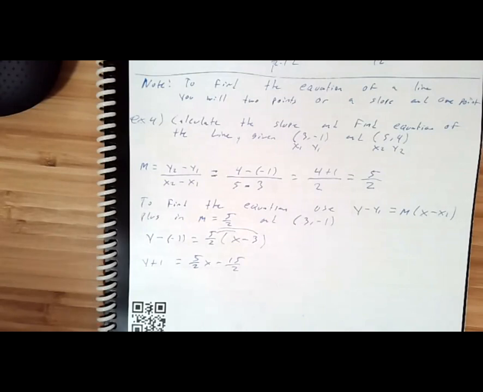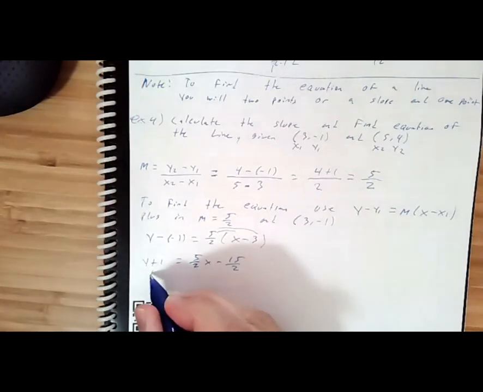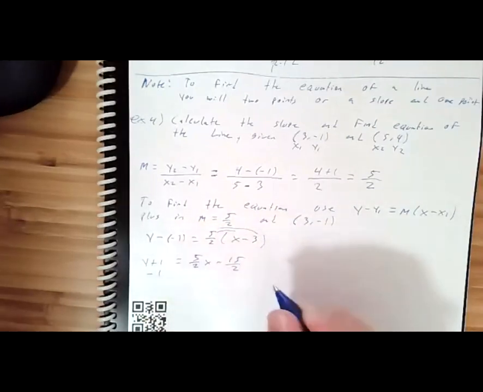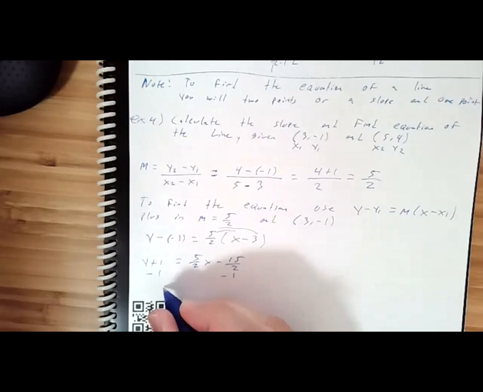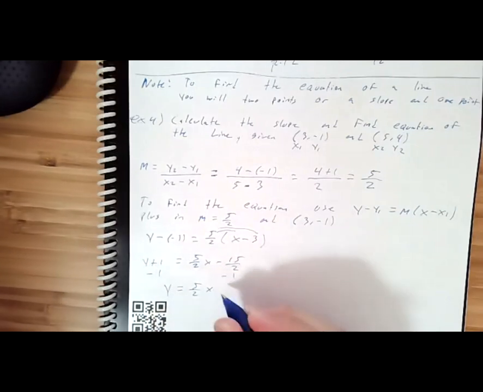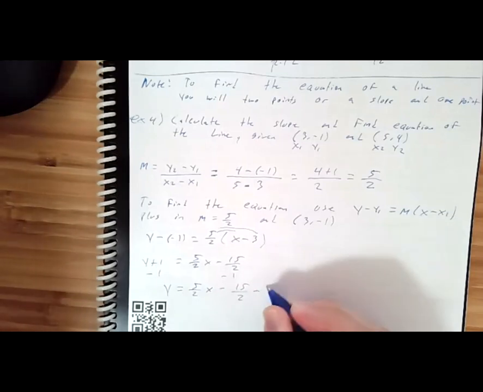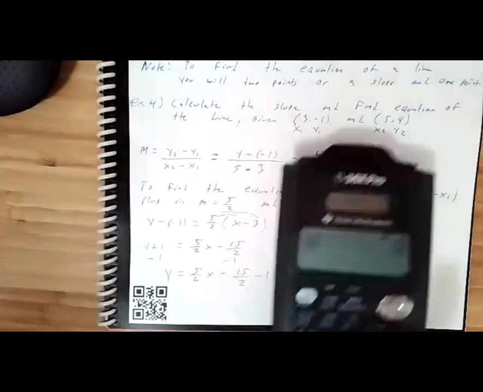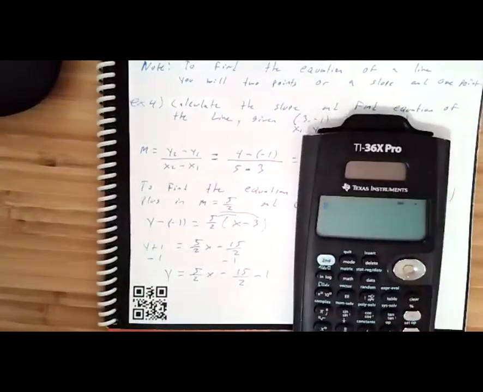Okay. At this point, add one to subtract one actually. Minus one. So now we have y equal to 5 halves x minus 15 over 2 minus 1. So for this one, use your calculator because that's easier.